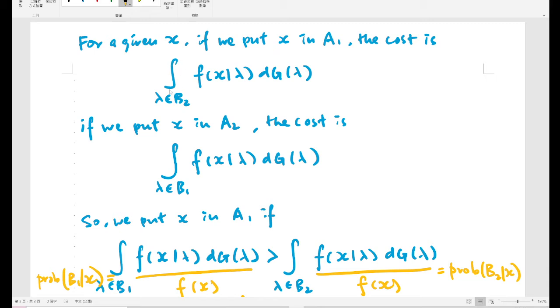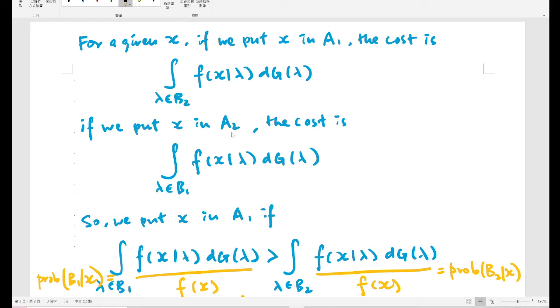So we take the integral with respect to the pi when lambda is in B2. Then also we think about if we put x in A2, what is the cost of making a mistake? The cost is we integrate the conditional likelihood weighted by the pi over the value of lambda in the set B1. Okay, then these are the costs of making mistakes.